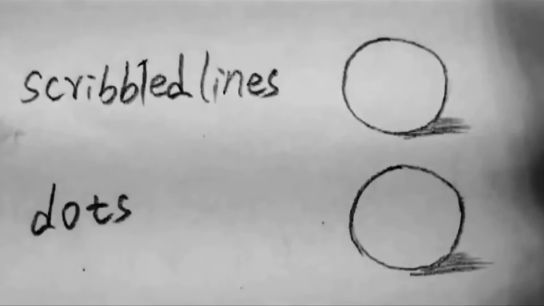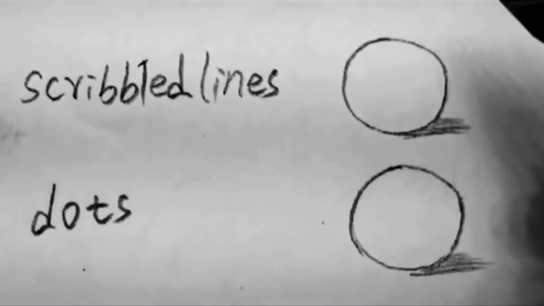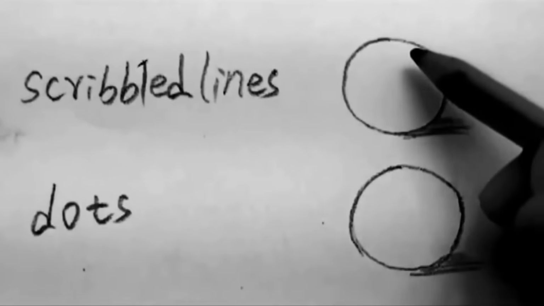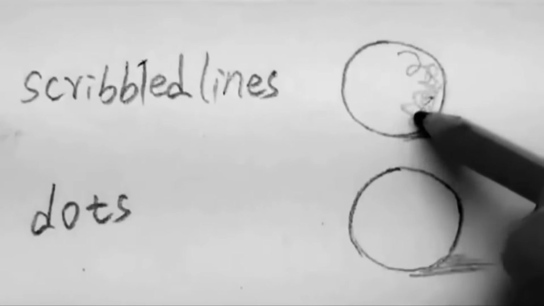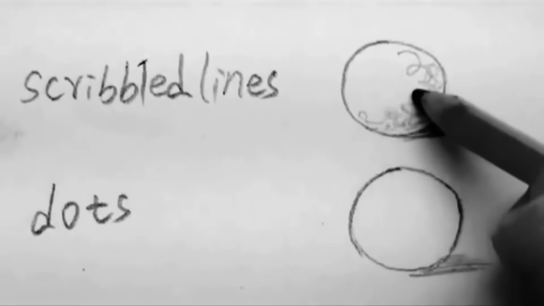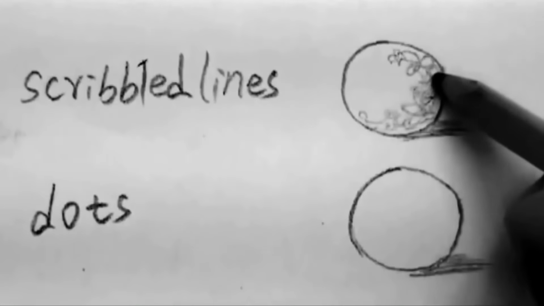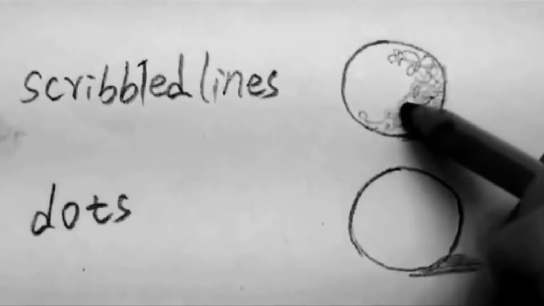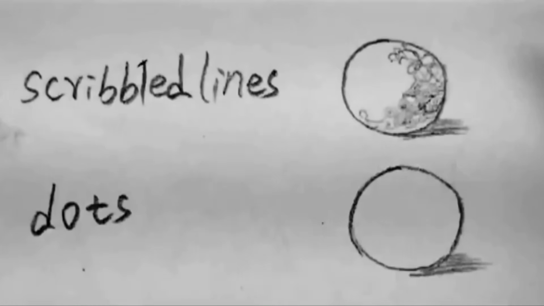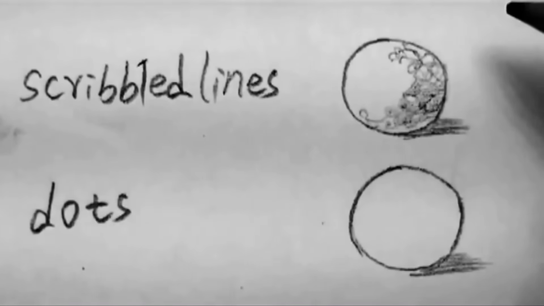Sometimes I use scribbled lines. It's like a snake running everywhere freely. When I use this technique, I apply just a little pressure on the paper.